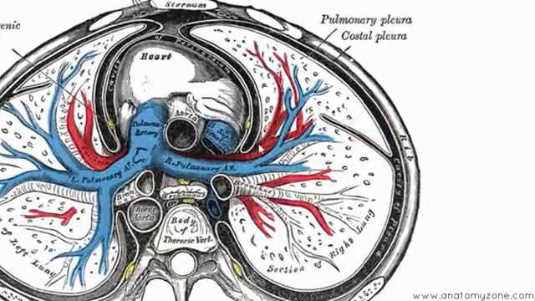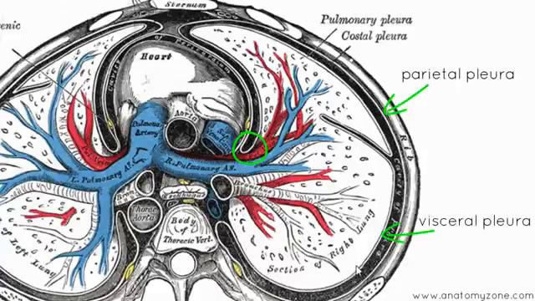So you can see at the hilum these two layers are continuous. So you've got the outer layer, which is the parietal pleura, which lines the thorax, and then the visceral pleura lies very closely to the lung, and it goes into the fissures and everything like that, and then it is continuous with the parietal pleura at the hilum.